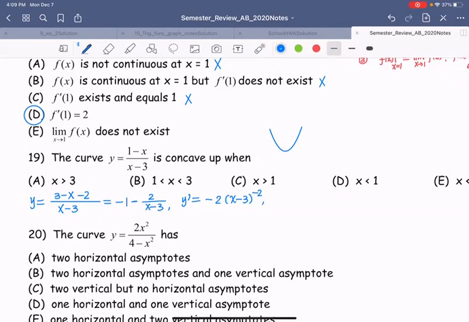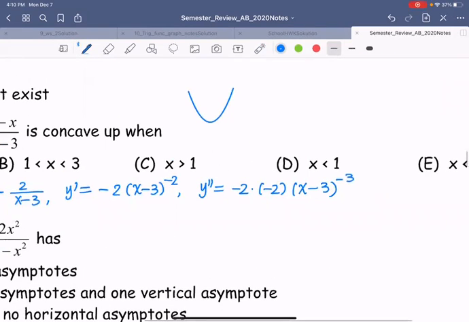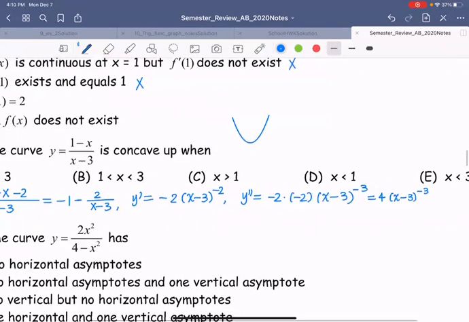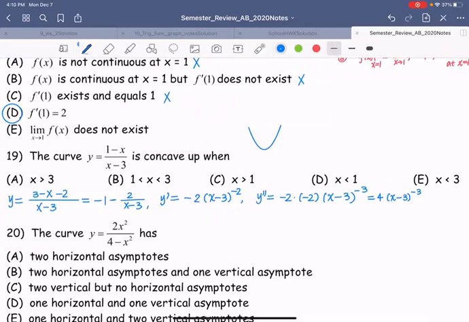This is the first derivative. Let's do the second one. That is -2 times -2 times x minus 3 to the power of -3, right? And you want this guy to be positive, right?